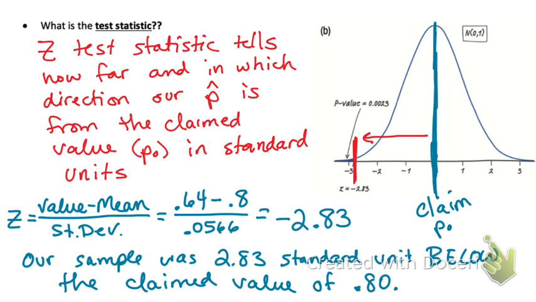Is he an 80% free throw shooter? Heck no. And what's the probability that someone who shoots 80% would hit 2.83 standard deviations below? It's exactly the p-value right there, 0.0023. Make sense? So the z-test statistic is a way to know how many standard deviations we are from where we were supposed to be. Cool.